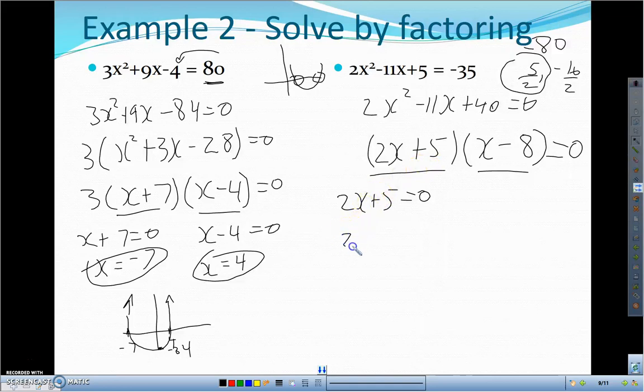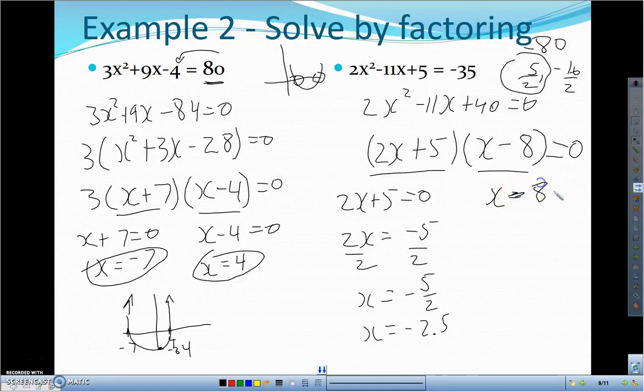This is a two-step equation. 2x is equal to minus 5, and we divide by 2, divide by 2. x is equal to negative 5 over 2, or x is equal to minus 2.5. On the other side here, we've got x minus 8 is equal to 0.